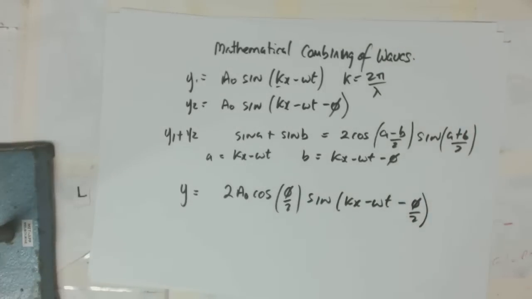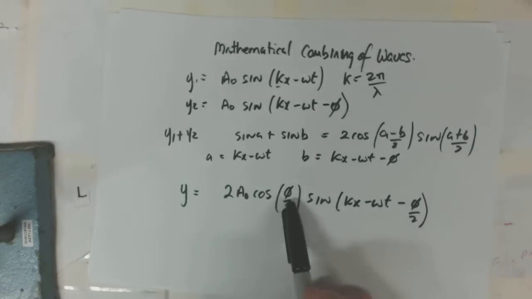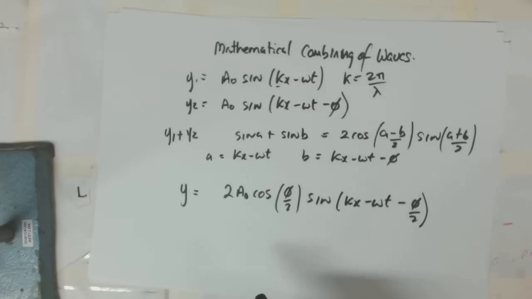So what's that telling us? Okay, that's telling us that the phase difference has a lot to do with how these two waves with the same wavelength and same frequency but slightly out of phase are going to look. It's going to produce one wave, right?